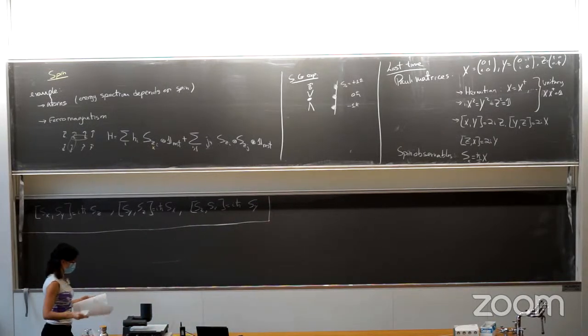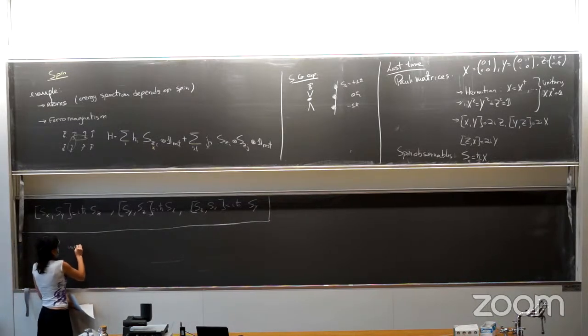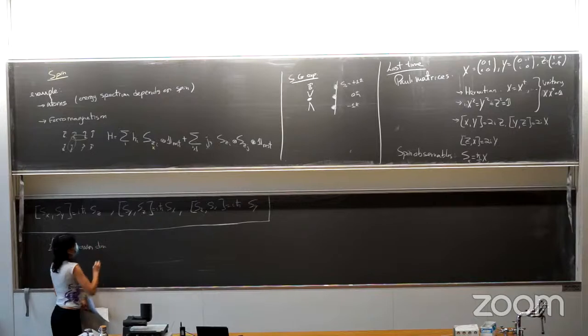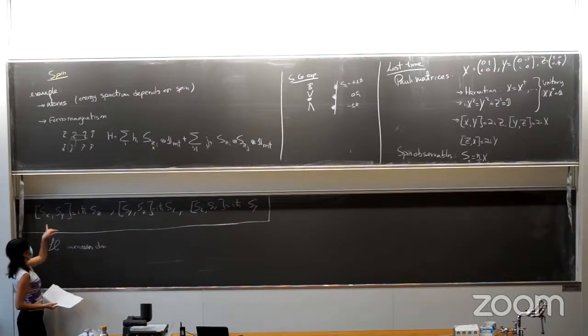We'll ask, what if we had some Hilbert space H of unknown dimension? And the only thing we know about it is that it has these three operators that satisfy this commutation relation.